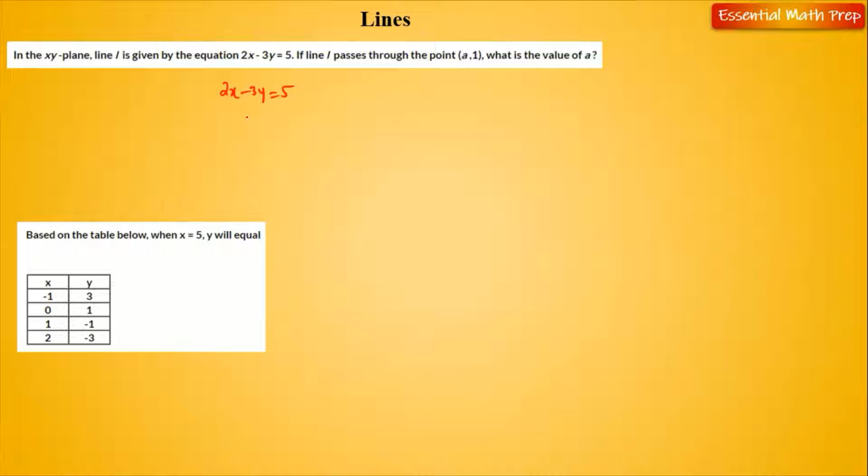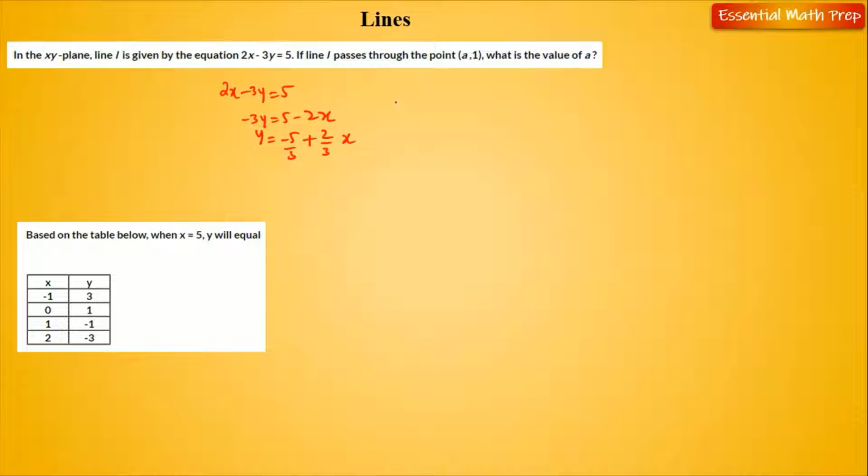So we know -3y equals 5 minus 2x, y equals -5 over 3 plus 2/3 x, right? So we know slope is 2/3, right?